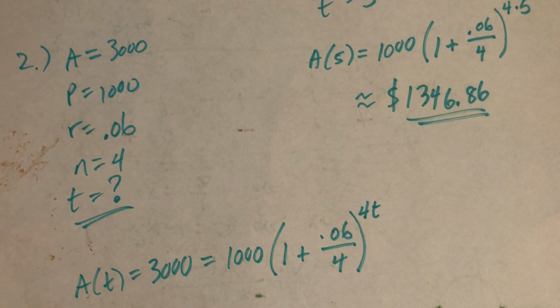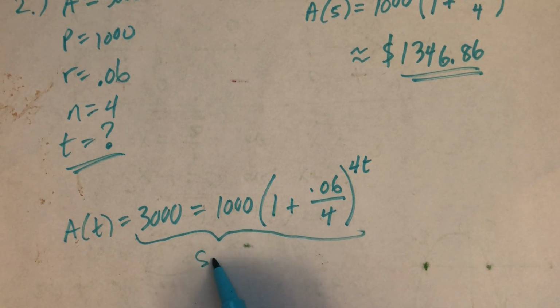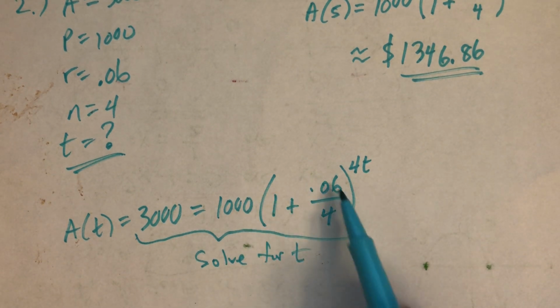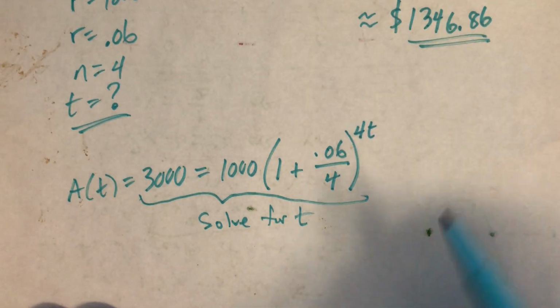Okay, now this one is a little bit more than calculator work, right? We're going to have to do a little bit of solving here. So let's do that. We're just going to take this and solve for t. I know that in the very near future, I'm just going to crank this through the calculator, so I'm just going to leave this, because I'm going to put that through my calculator anyway.